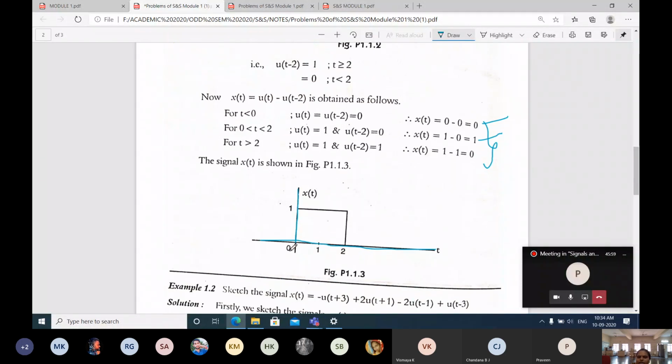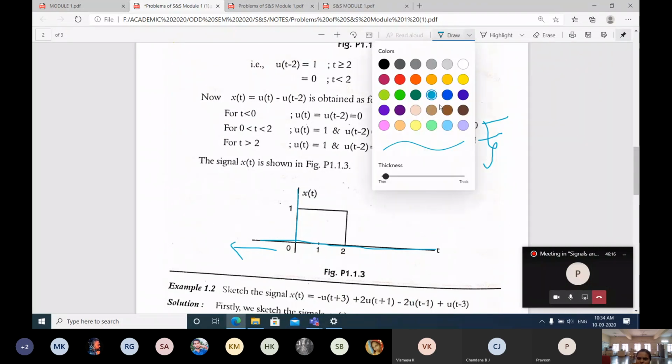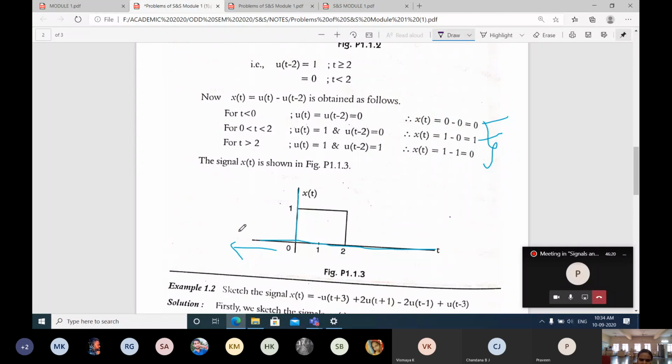Then write 0, 1, 2, 3, 4. For time t less than 0, meaning negative values, it will be 0. Here is the 0 value. We don't have any signal here.